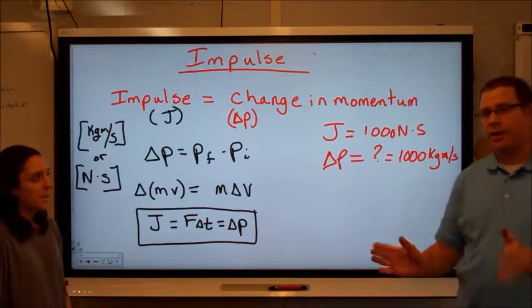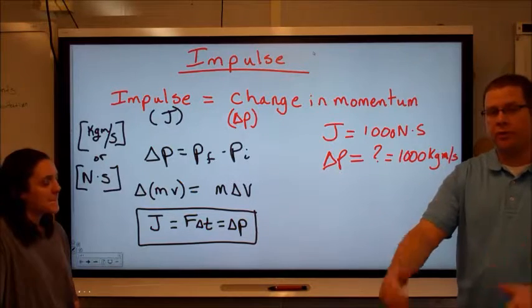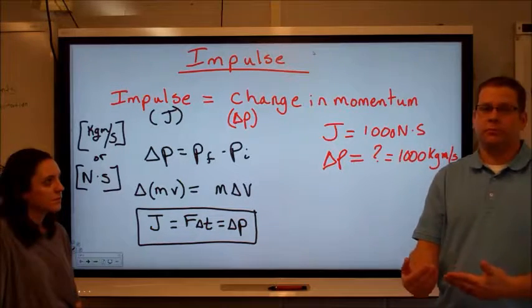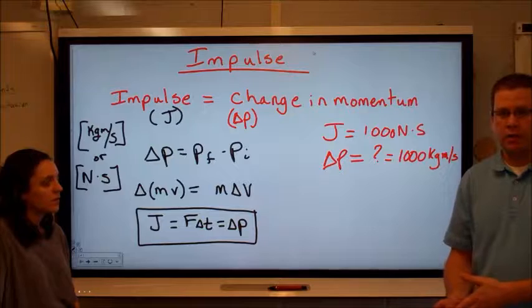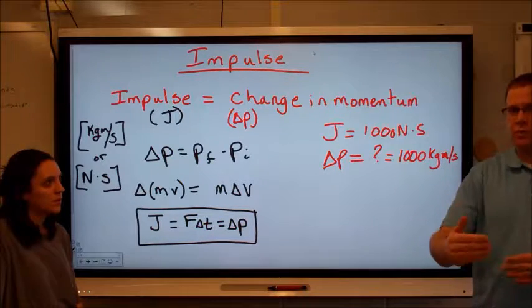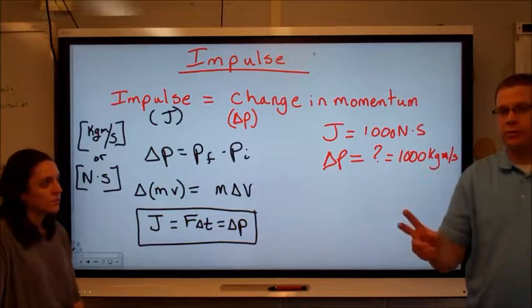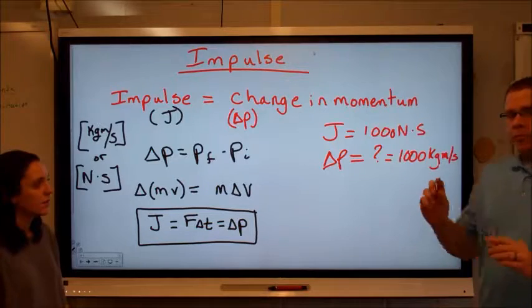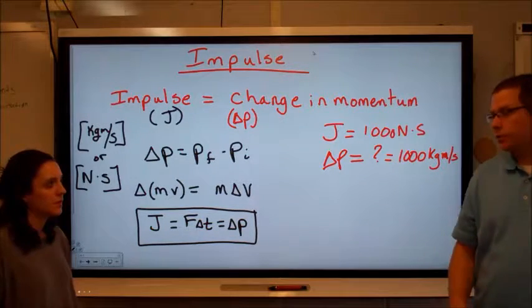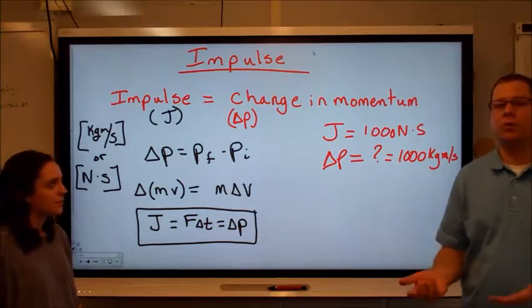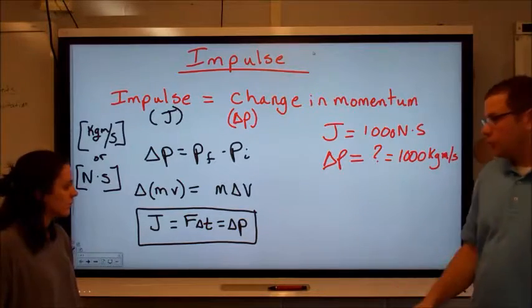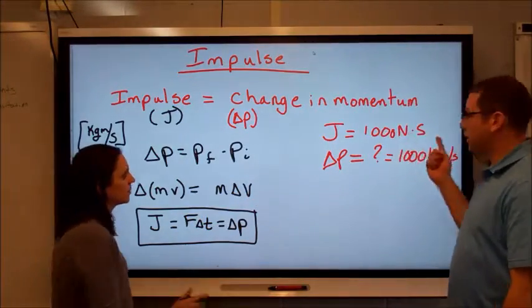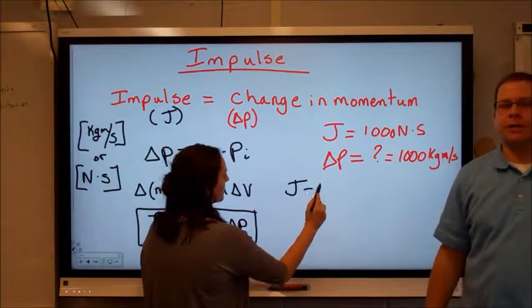Now that baseball bat and baseball question could go further and say, what is the force applied to the baseball by the bat? Or the reverse, what is the force applied to the bat by the baseball? Because Newton's third law says they're the same. They would have to give you a time. So if they said the ball and bat are in contact for 0.3 seconds, well, you know that J, which is 1,000, would be equal to force times time.